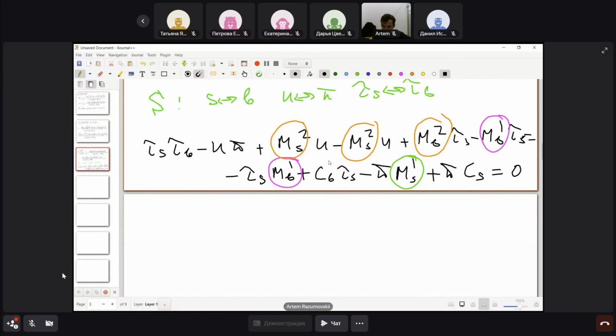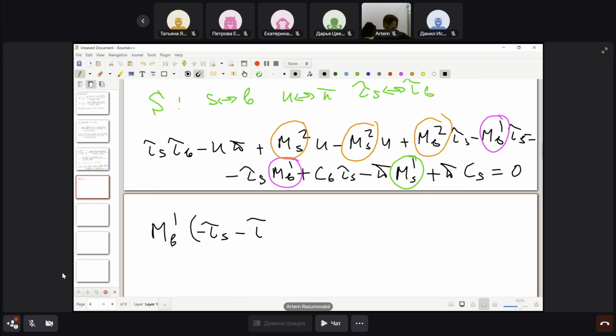Then let me figure it out. So we want to have the price of buyers 1 multiplied by tau s. So that will be the same, right?